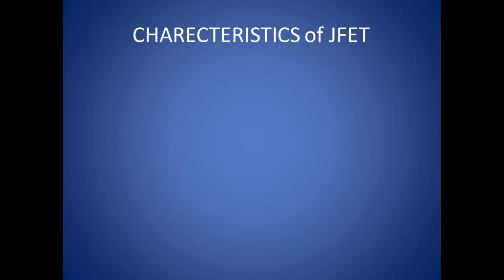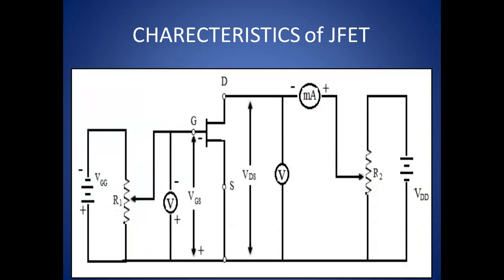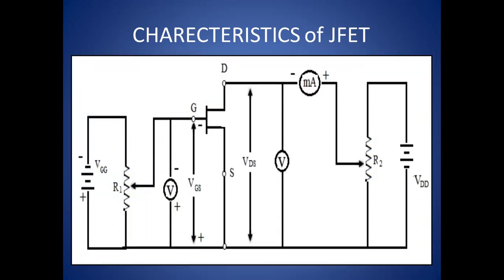Next, we will see the characteristics of JFET. A set of curves which relate the device current and voltage are known as characteristics curve. There are two important characteristics of JFET. Number one, VI characteristics or drain characteristics. Number two, transfer characteristics.